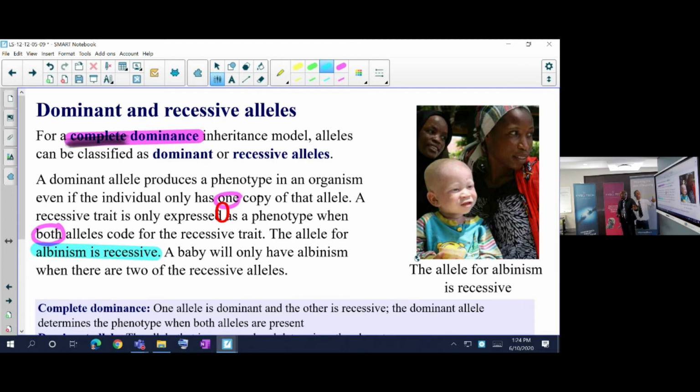And this is what we call complete dominance. So the recessive allele for albinism, for it to be expressed within my example here, has to be carrying two of the traits to be an albino. We shall look at another example where you carry just one copy, then you exhibit the dominant trait.